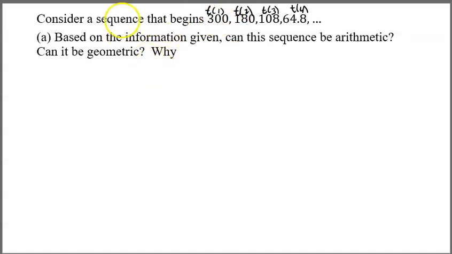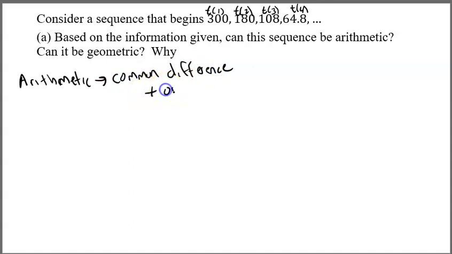Okay. Now, based on this information, can this sequence be arithmetic? Let's answer that question. To be arithmetic, I have to have a common difference. That means I have to be adding or subtracting the same amount from one term to the next. In this sequence, if it was arithmetic, I'd have to be subtracting because I'm going down.